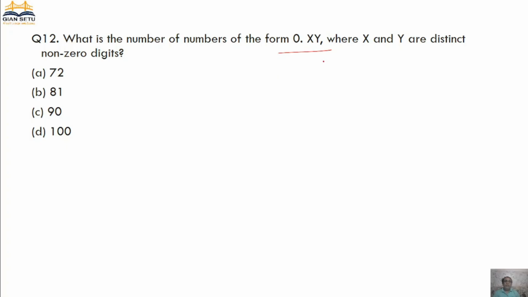Now question number 12 is, what is the number of numbers of the form 0.xy where x and y are distinct non-zero digits? Now the number is in the form of 0.xy.